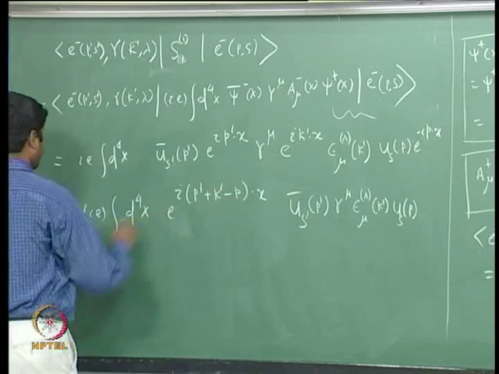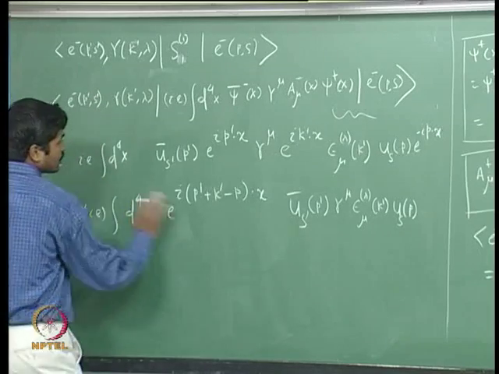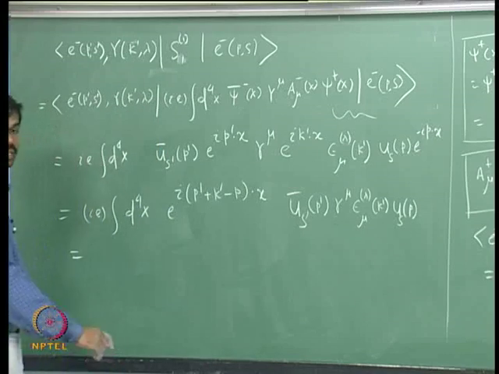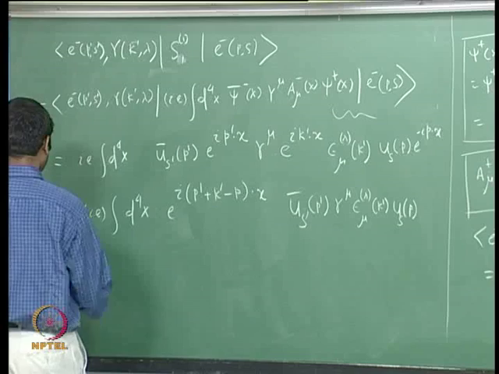This quantity, i e times this quantity, I will represent by M, which I will call the Feynman amplitude.